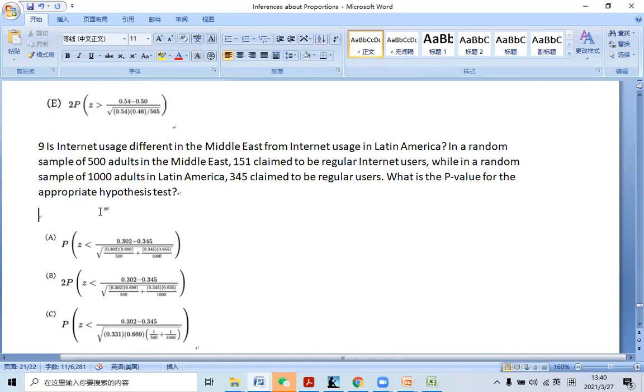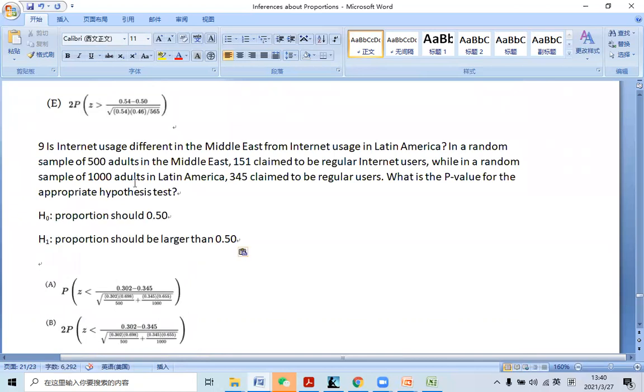I'm going to copy these ones. Here, the null hypothesis says the two proportions should be equal. The two proportions are equal.